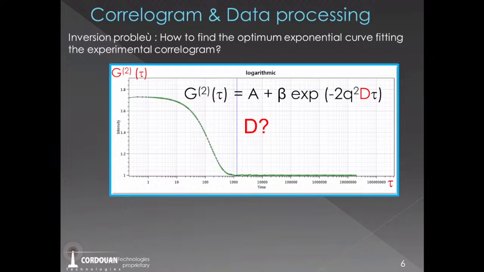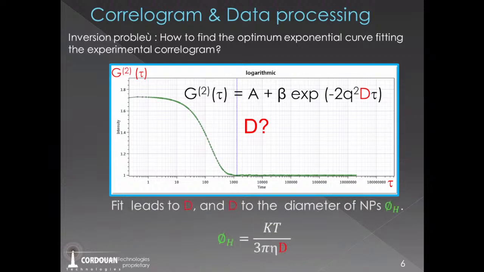Second, you are doing a physical experiment with a laser, and you need to see this autocorrelation clearly, so it's nice, it's clean, and you can get information from it. And then you need a mathematical algorithm to fit one curve to another, in order to find the good diffusion coefficient. But if you do it properly, you will get very good results. So then, coming back to the Stokes equation, you can find the diameter.